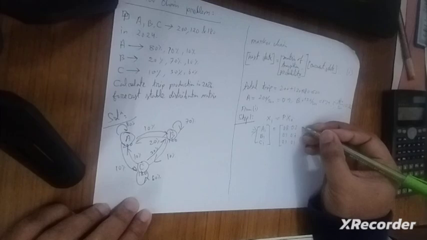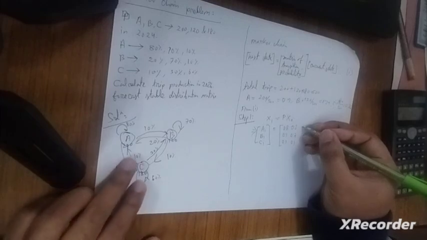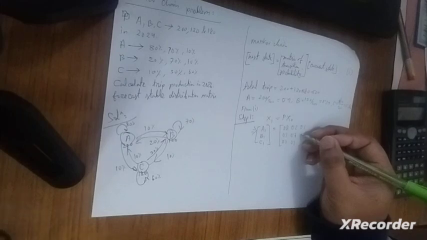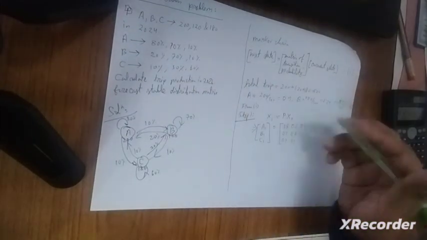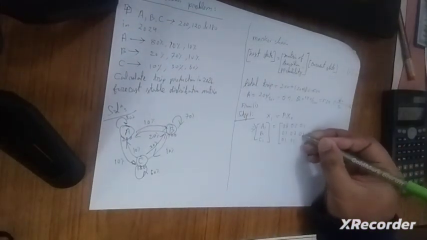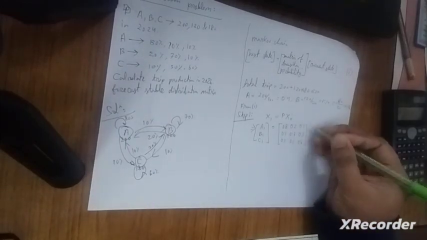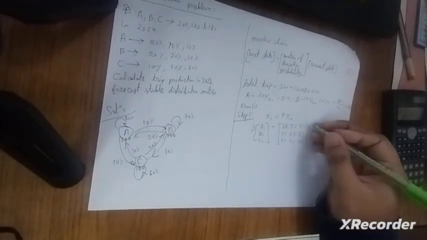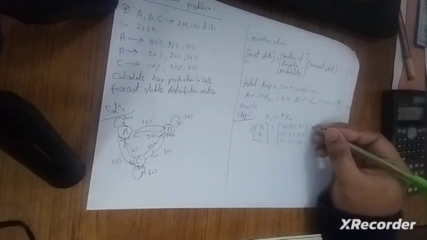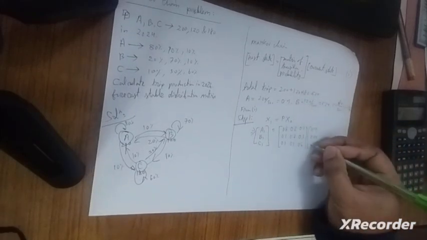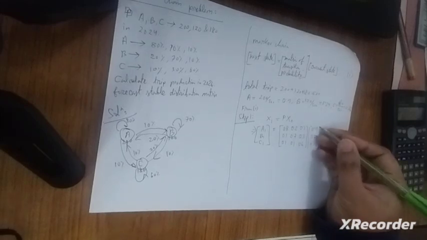From C to A is 0.1, from C to B is 0.3, and C to C is 0.6. And our initial state is the proportion values given, that is A is 0.4, B is 0.24, and C is 0.36.